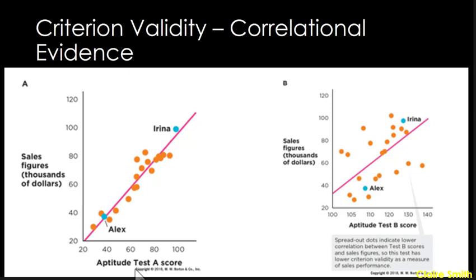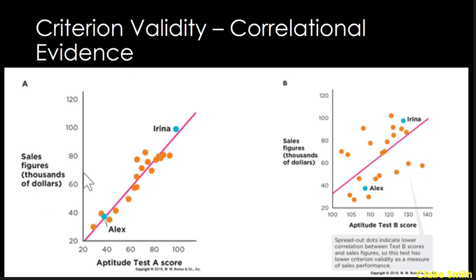So everyone who applies for the job takes this test, and they want to see if it's a good way to determine if they're going to be a good salesperson. Okay, so what we could do is have people who work at the company take this test A and also take test B, and then compare their scores to the sales figures in thousands of dollars.